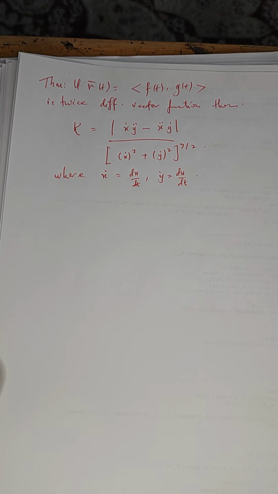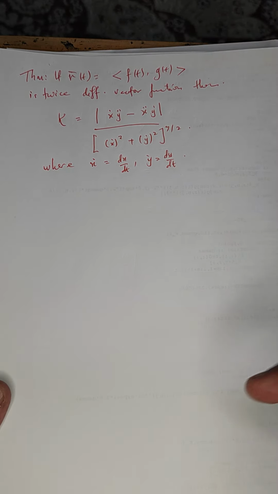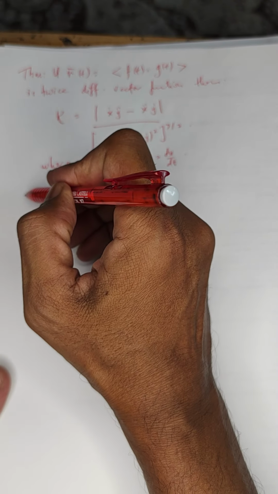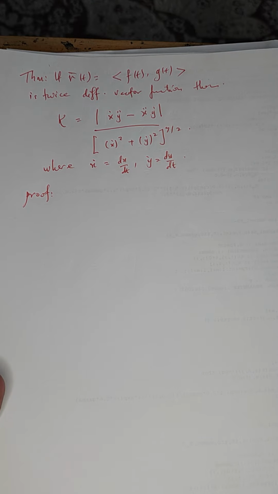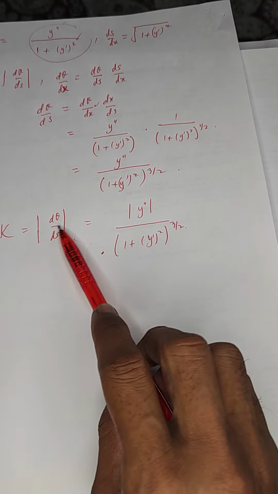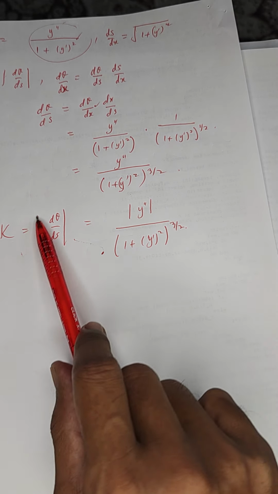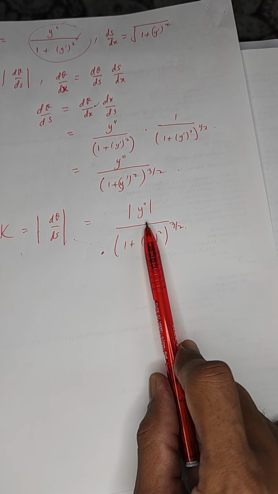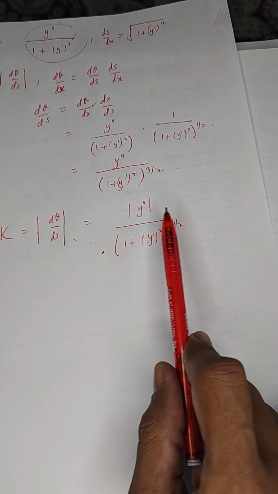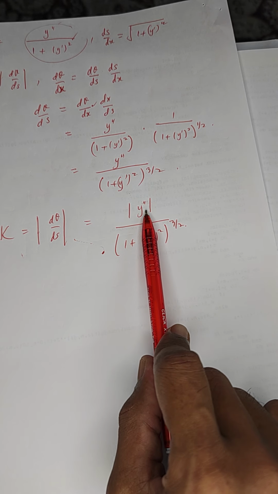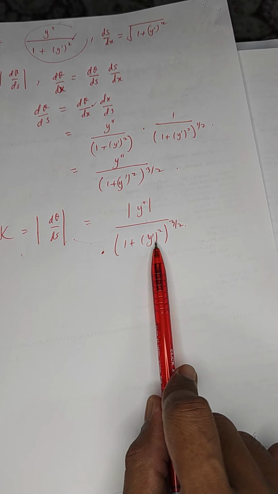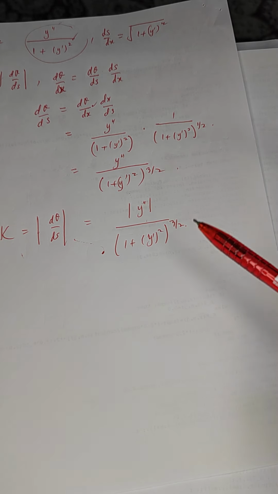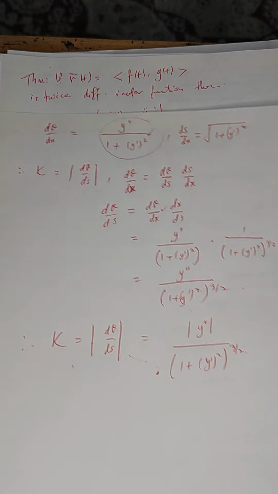Okay, let's try to prove this. I wish I could just leave it to you to do it. It's not that difficult because we already have the formula. What you need to do is, from the formula for kappa for the real function, find what y double prime is in terms of t, and what y prime is in terms of t, then you can just substitute into that and solve.